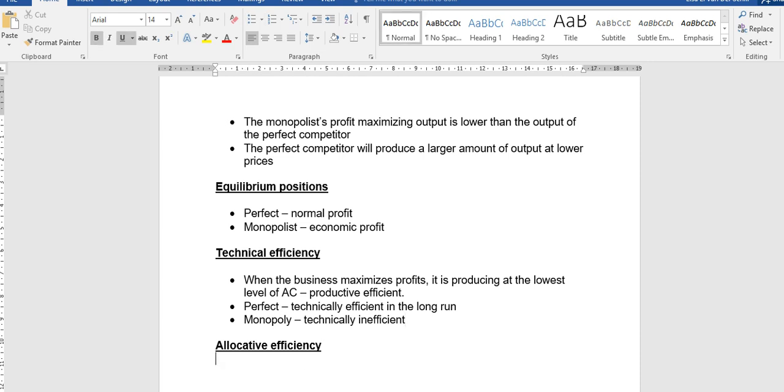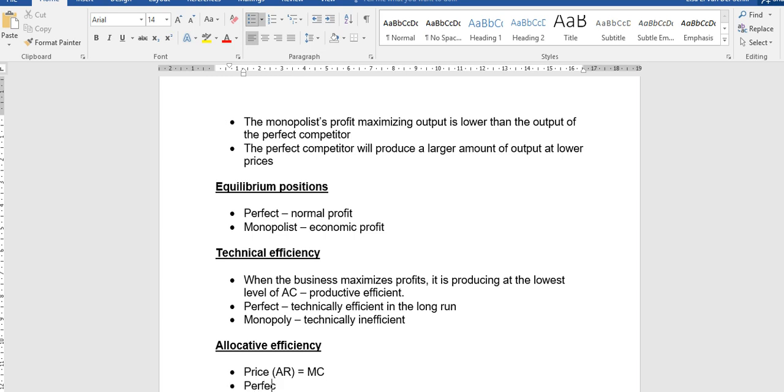All right, allocative efficiency. Basically, what we are going to be looking at is that your price, or average revenue, it's the same thing, must be the same as marginal cost. Then a firm is allocatively efficient.